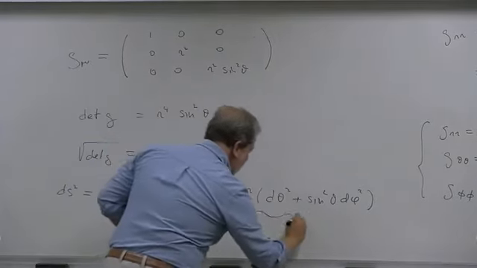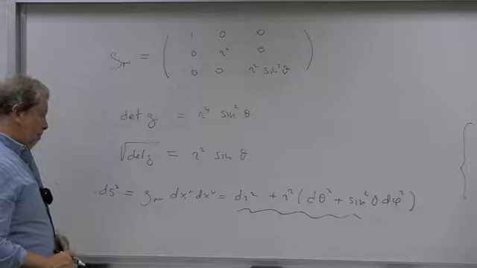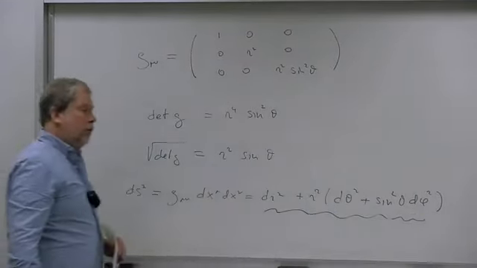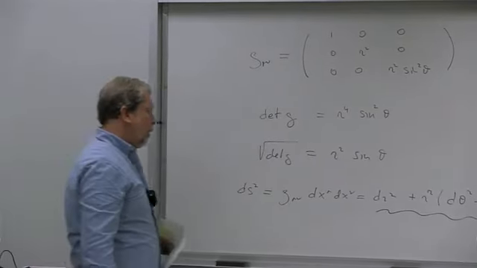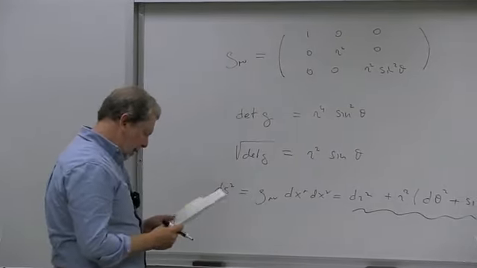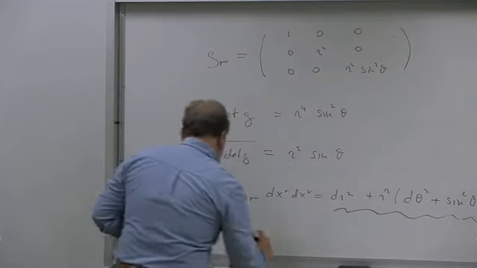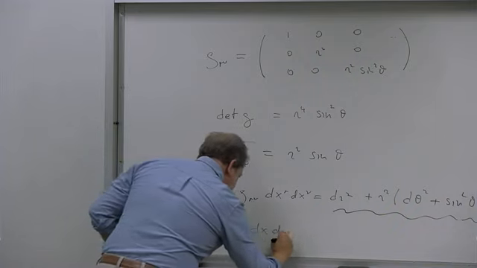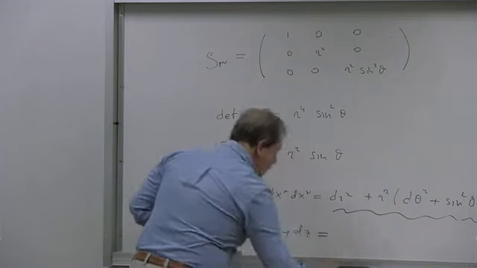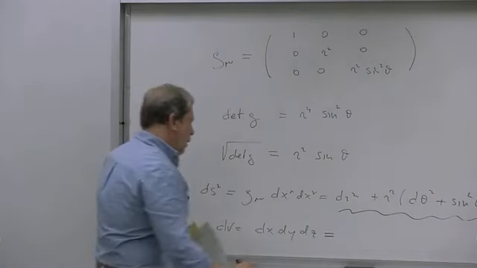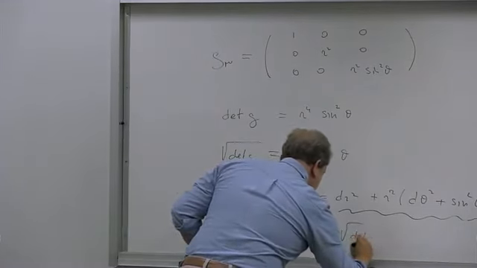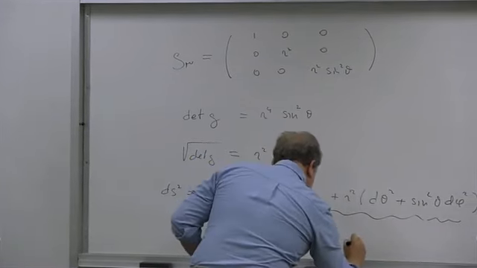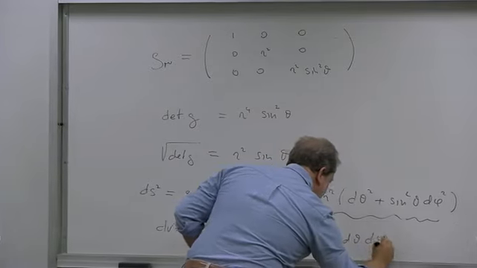So the distance, which is the square root of this thing, contains a number of terms which have coefficients not equal to 1, as in the flat case. And the other thing is that the volume element, dV, which is dx times dy times dz in the Cartesian case, in this case is the square root of the determinant of the metric times dr, d theta, and d phi.